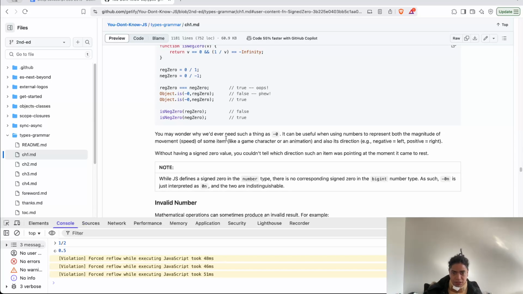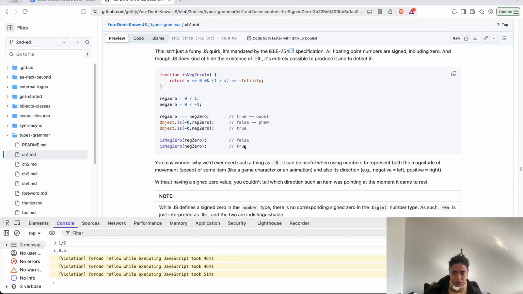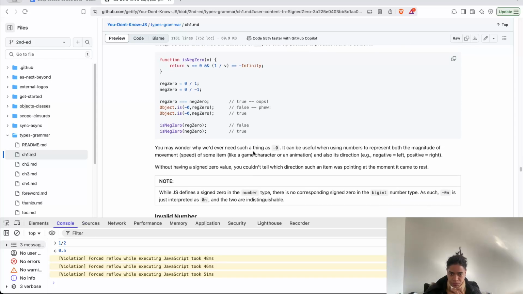Without having a signed zero value, you couldn't tell which direction such an item was pointing at the moment it comes to rest.